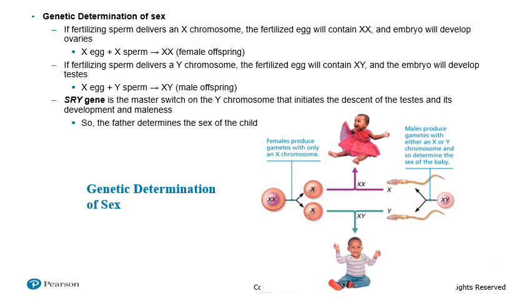Without the SRY gene, if the SRY gene of the male has mutated, then the male testes will not descend, and so the male will end up being a female. Yes, there are XY females, and we are going to be discussing this when we get into genetics.